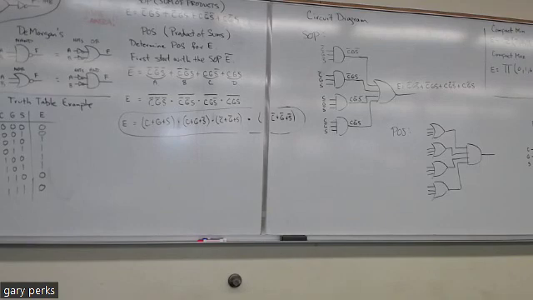So for example, in that first problem where it has F equals U, V, tick mark, W, that's U, not V, W. The next term is not U, V, W. Then the last term is not U, not V, not W.